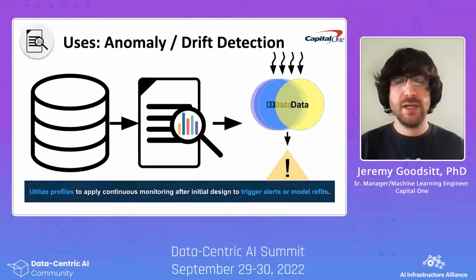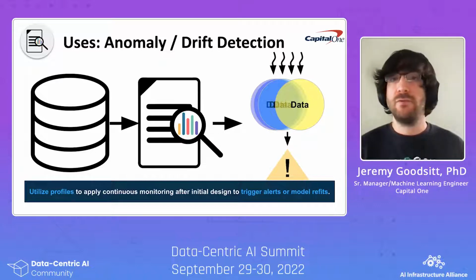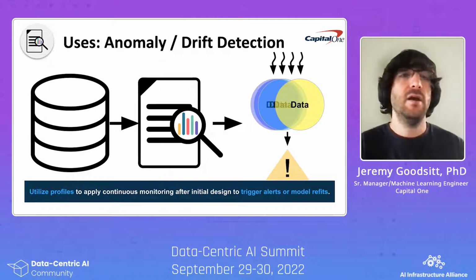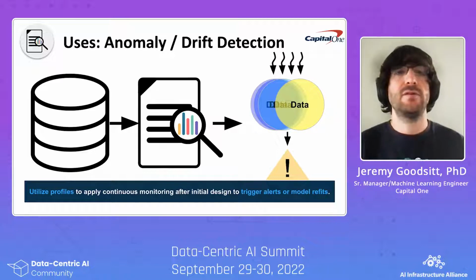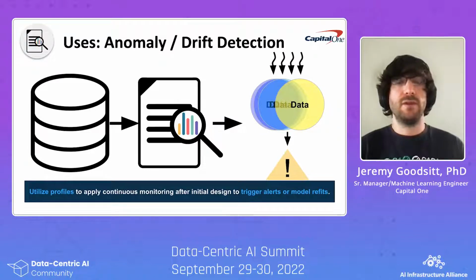So previously in the schema detection, we looked at auditing our data to make sure our pipeline was validated. Anomaly detection and drift detection is similar in the sense that we can utilize these checks and alerts to trigger refit for our models. Our data is constantly changing. It's dynamic. So if we can understand the bounds of our model with respect to data profiles, we can create alerts for when new data is no longer within these expected constraints.